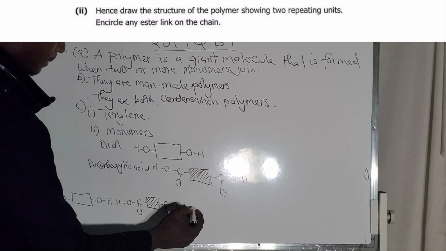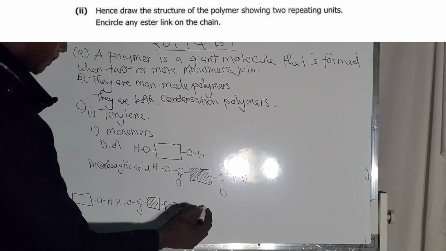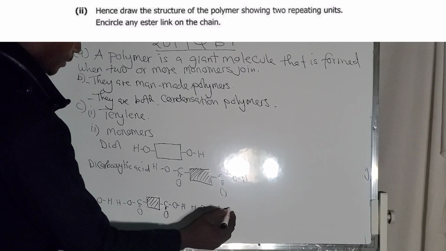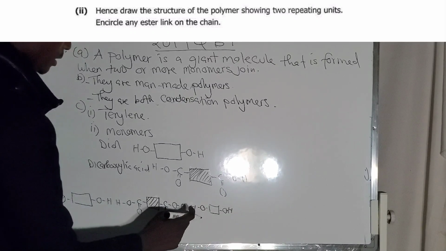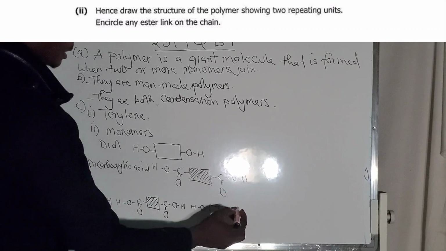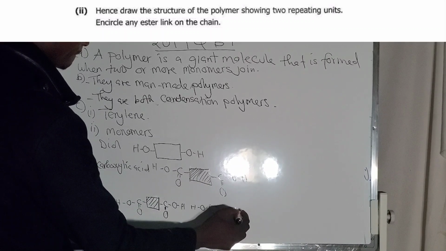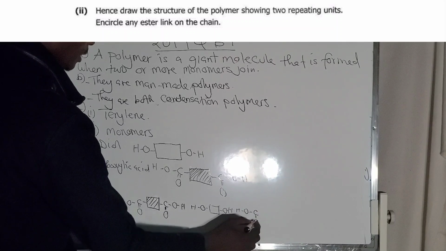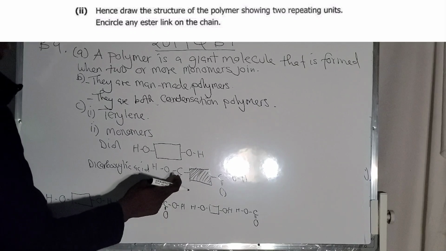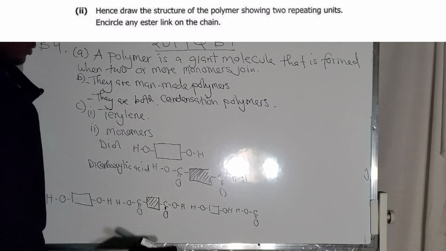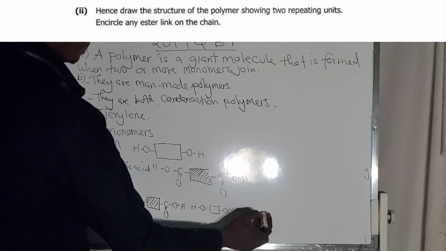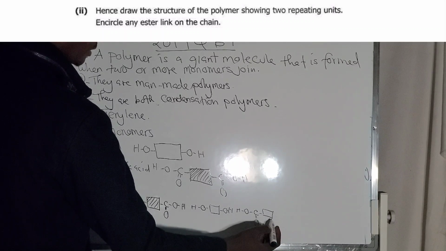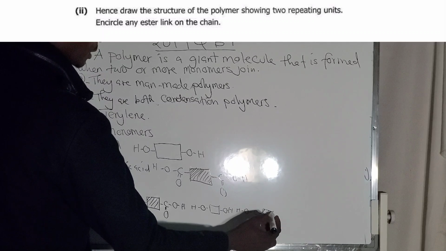You repeat like this. Then you draw the dicarboxylic acid, carbon double bond. Take note that this double bond can either be up or down. There is no problem. This one should be shaded.